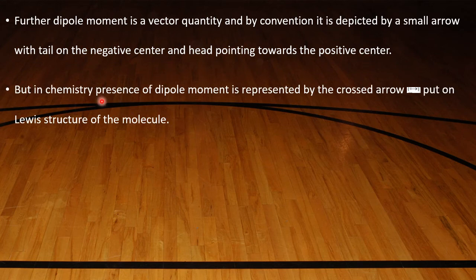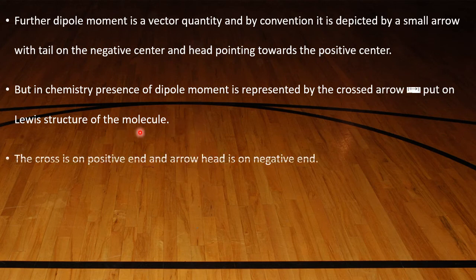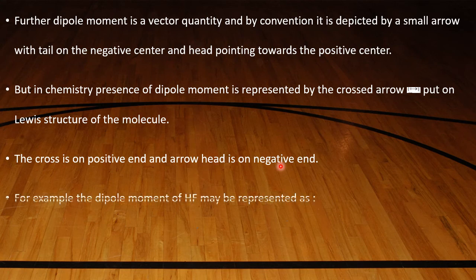But in chemistry, the presence of dipole moment is represented by a crossed arrow put on the Lewis structure of the molecule. The cross is on the positive end and the arrowhead is on the negative end. This is what we represent like this.